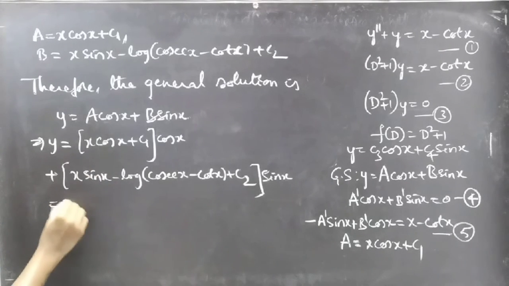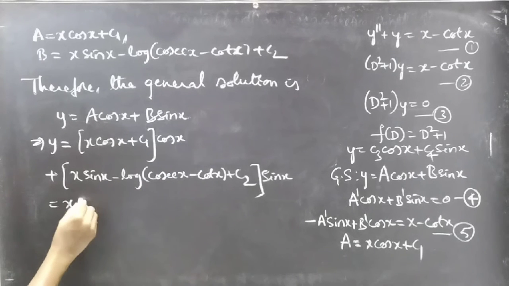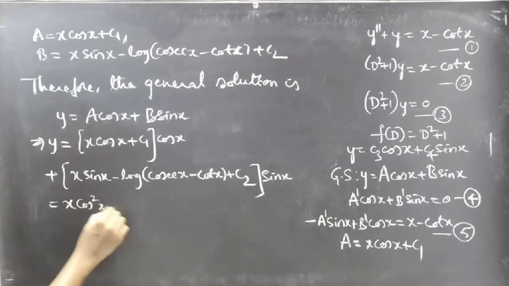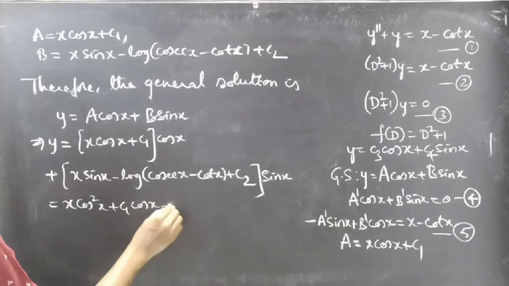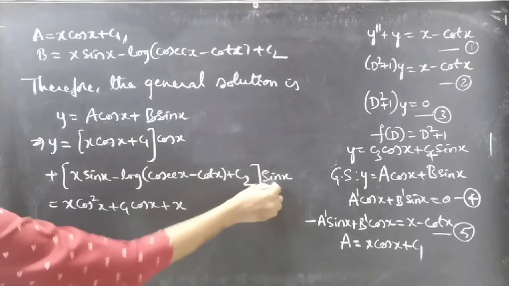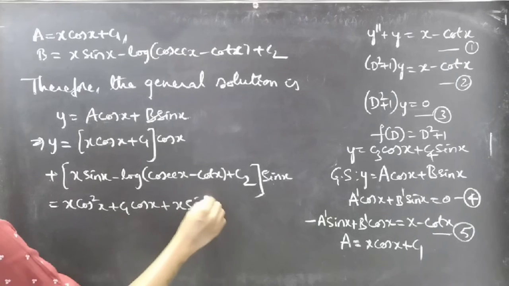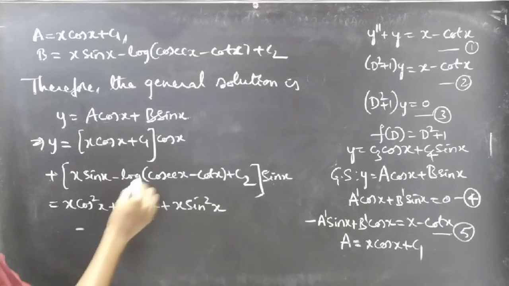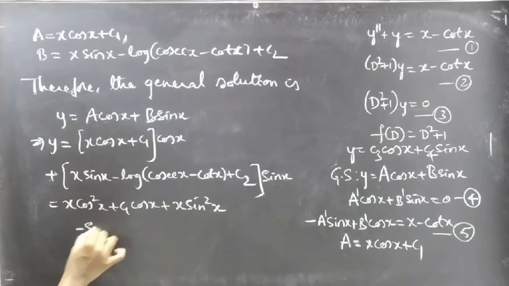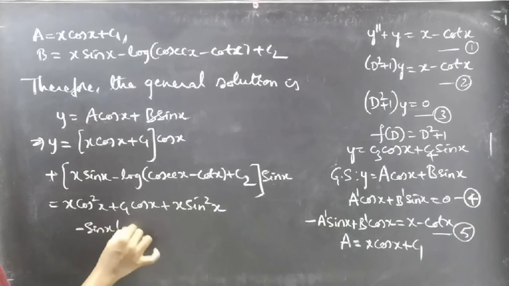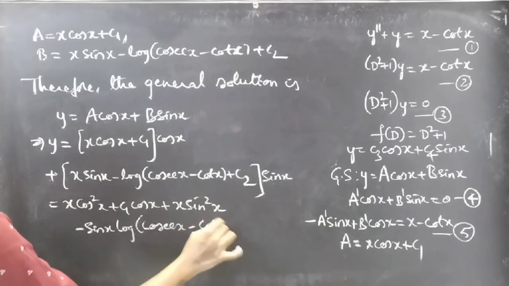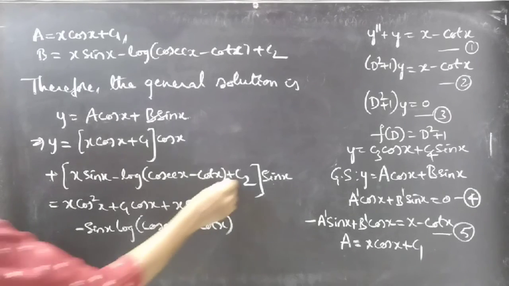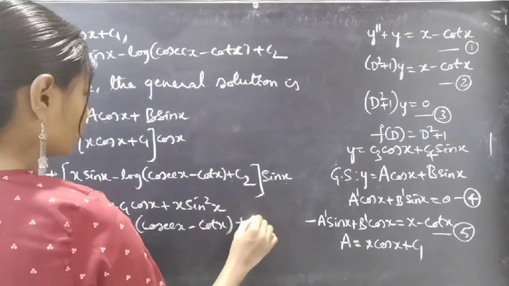This gives us x cos x into cos x is cos square x plus c1 cos x plus x sin x into sin x, sin square x, minus sin x into log of cosecant x minus cot x plus c2 sin x.